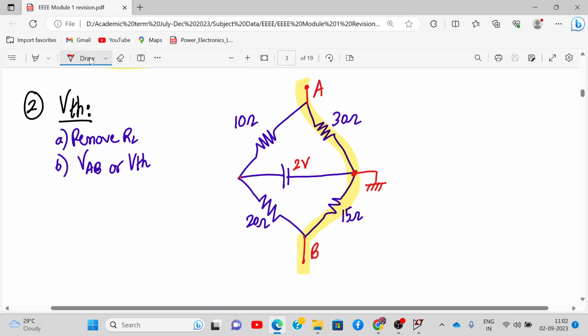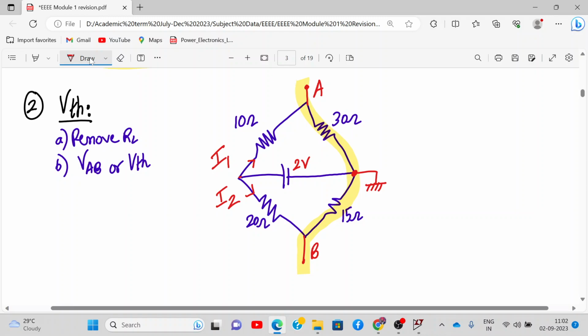So let us say current flowing over here is I1. Now the same current will flow through this 30 ohm resistance. Yes or no? Are you correct? And the current flowing through 20 ohm resistance, the same current will flow to 15 ohm. I2 will flow through 20 and 15. I1 will flow through 10 and 30. Alright.